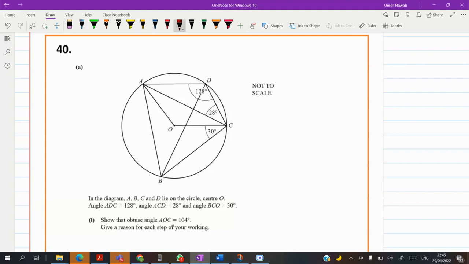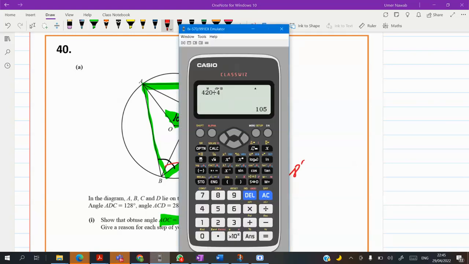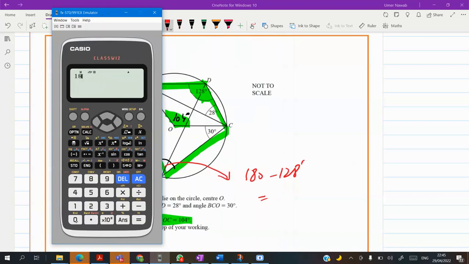Next, he gave us, we want to prove that AOC is 104. AOC is obtuse or acute? The acute one. We want to prove that AOC is 104. It's easy, guys. First, find this angle because it's a cyclic quadrilateral. If you know 128, can I find this angle? 180 minus 128 gives you 52.